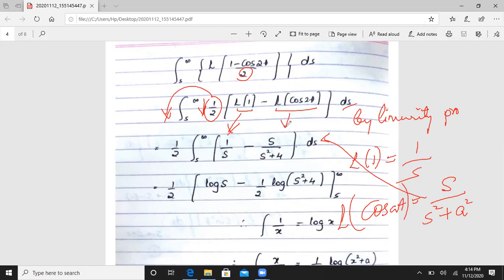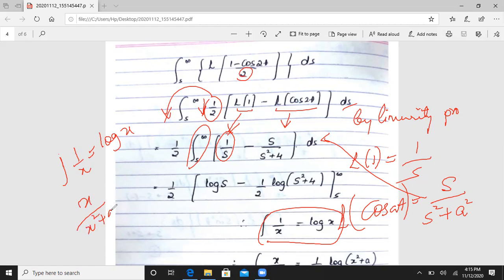And when we integrate this function with respect to s from 0 to infinity, 1 by s, the integration of 1 by x is log x, and the remaining one is x divided by x square plus a square. The integration of this function is 1 by 2 into log of x square plus 4, for x divided by x square plus a square.